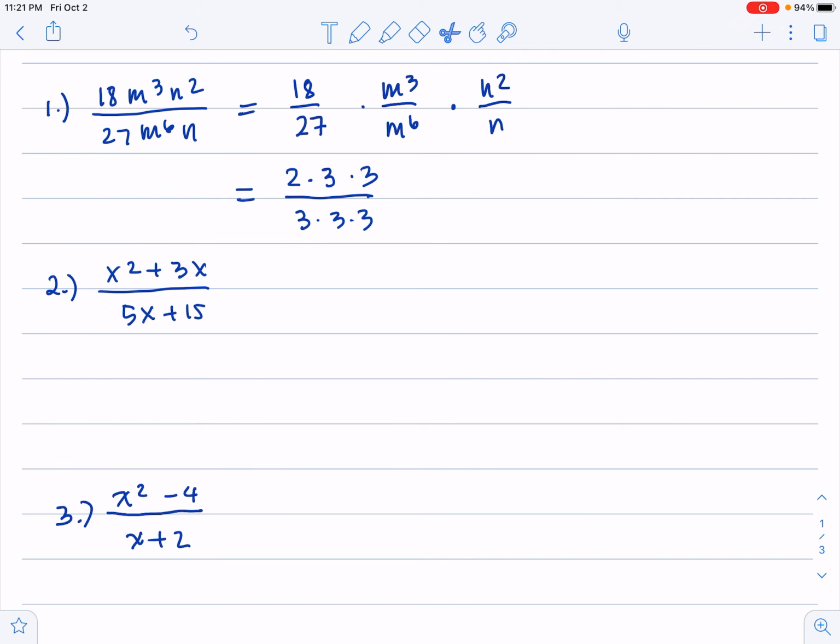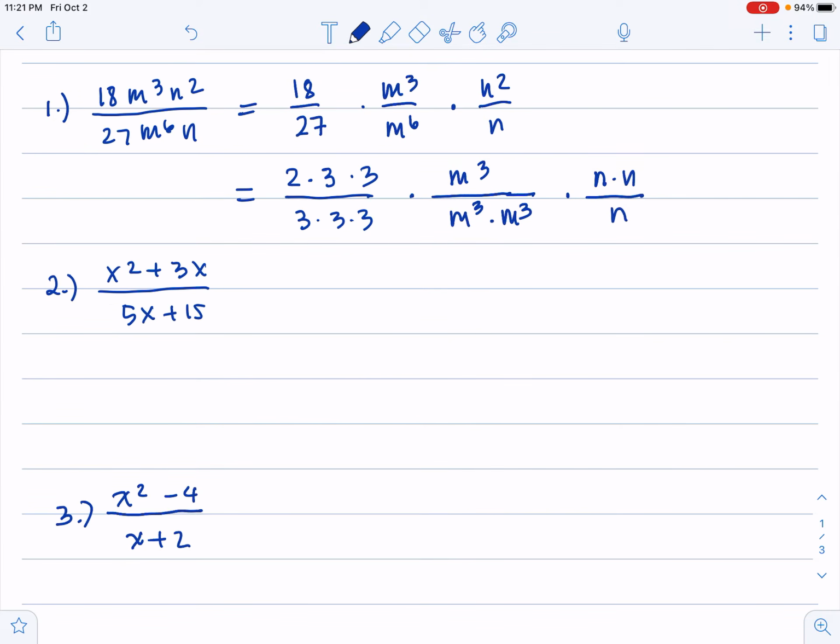Ang m cubed over m to the 6th, of course, you can have the m cubed at the numerator, and then yung m to the 6th, dapat lagyan natin ng m cubed para makapag-cancel tayo. Tapos, anong matitira na lang? M cubed pa rin, kasi m cubed times m cubed equals m to the 6th. Tapos yung n squared, we have n times n, and then divided by n.